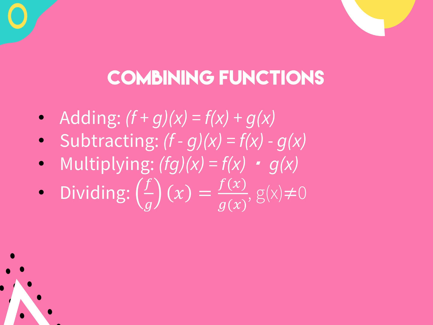And when we divide, if you notice this exclusion over here, the g of x function cannot equal 0. Remember when we were doing the domain, we don't want a 0 in our denominator because it's going to make it undefined. So that's what that exclusion there is, g of x not equal to 0, because it would make it undefined. So let's try some examples.